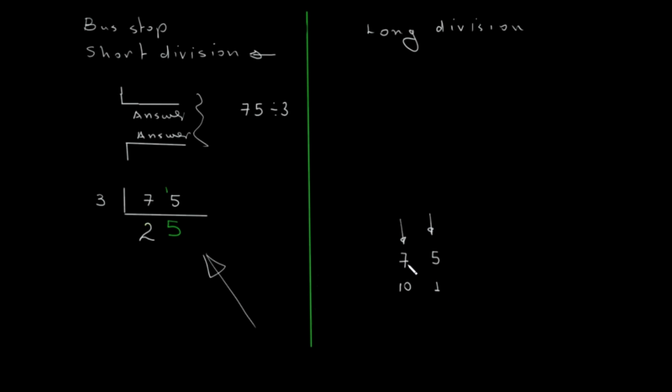If we have a remainder here and we carry it across, we're carrying across one of these. So in fact this is 10 plus that 5, which is 15. Carry one of those over and you're carrying 10 of these over. So you put the 10 with the 5 and you get 15.